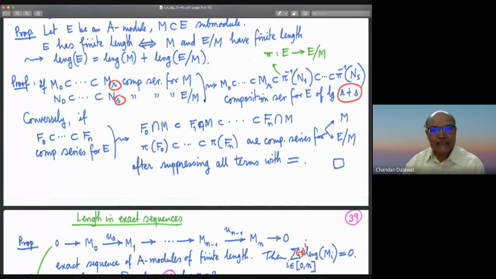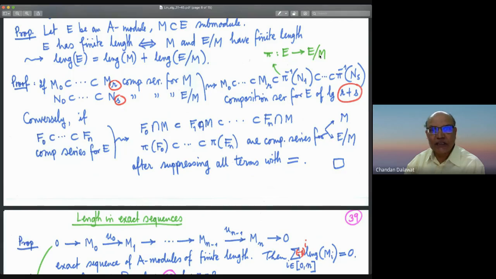Using these two things, I can cook up a composition series for E, of which the first R+1 terms are the composition series for M. And the term after that is pi inverse of N1, where pi is the projection from E to E modulo M.